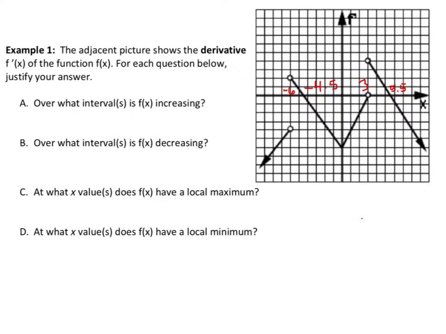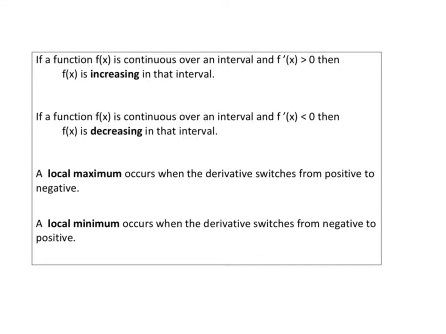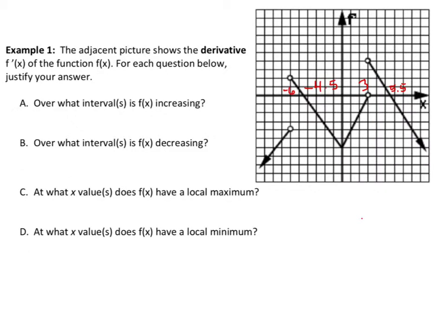Well, let's go ahead and take a look real quickly at the rules for this. So our function is increasing when the derivative is greater than 0. So let's look for the intervals where the derivative is greater than 0. So back on our picture here, our derivative is greater than 0.